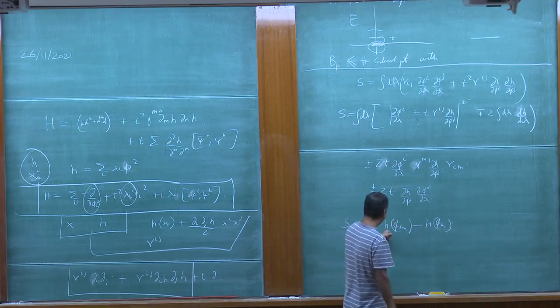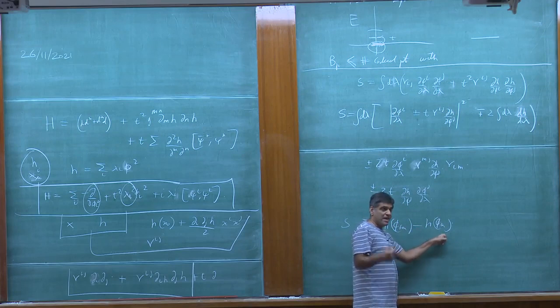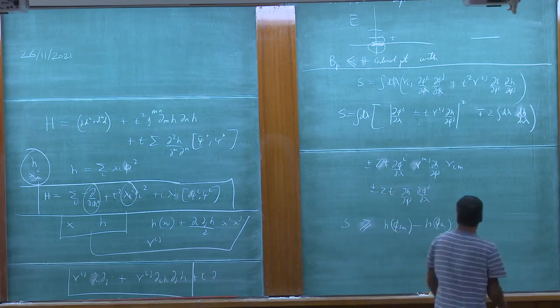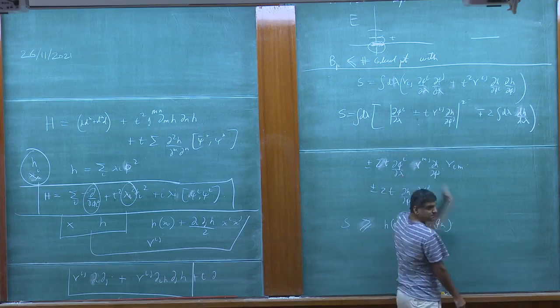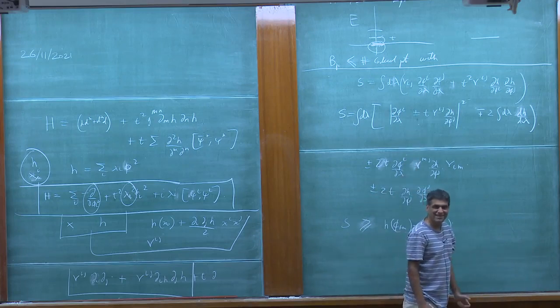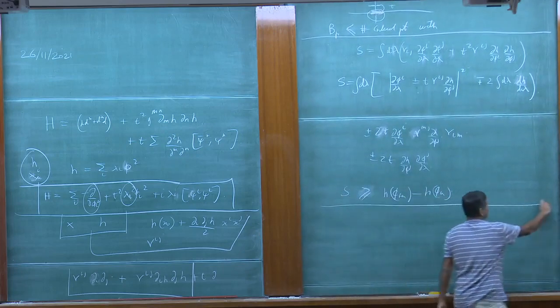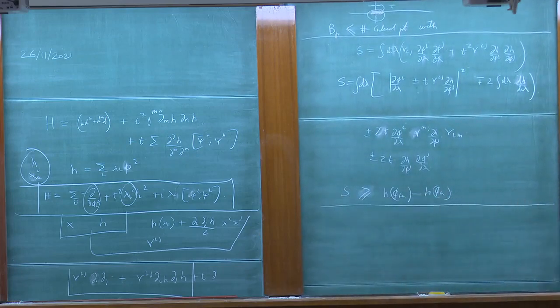Okay? And this inequality is extremized for configurations that obey this is equal to 0. Okay? So now you can ask, are there configurations that obey that is equal to 0?